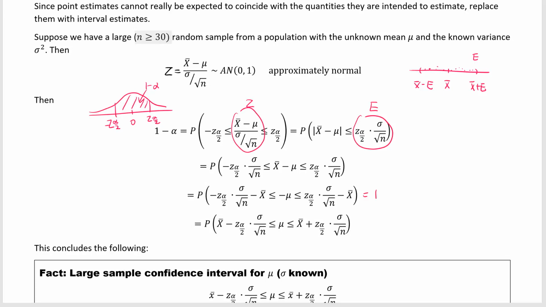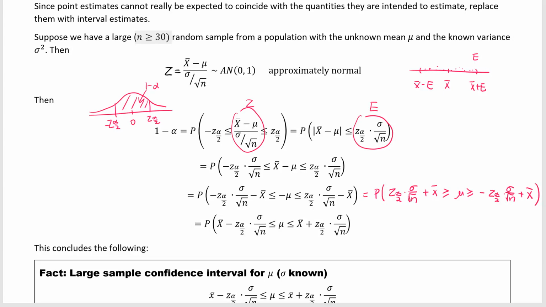So when we divide by minus 1, the left side becomes z alpha over 2 times sigma over square root of n, multiplied by minus 1, so plus x bar. It flipped the inequality, so it becomes x bar plus z alpha over 2 times sigma over square root of n is greater than or equal to mu, which is greater than or equal to x bar minus z alpha over 2 times sigma over square root of n.